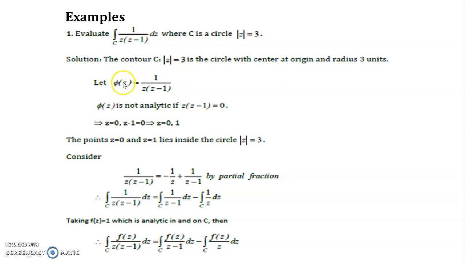Now let us define phi z as 1 over z into z minus 1.